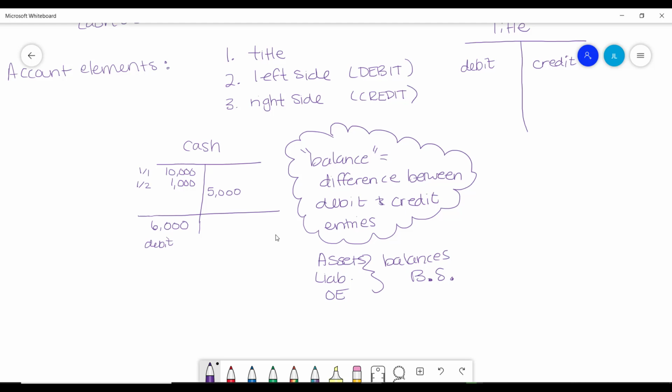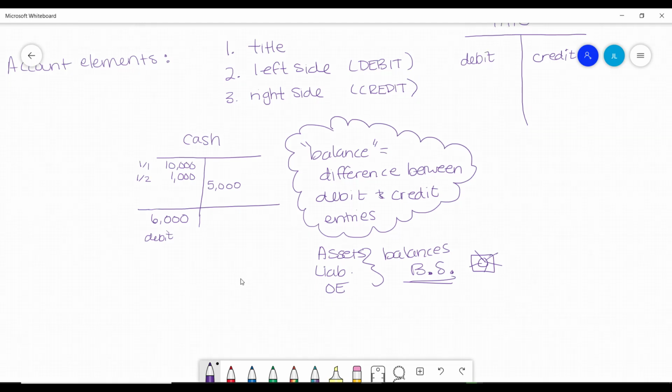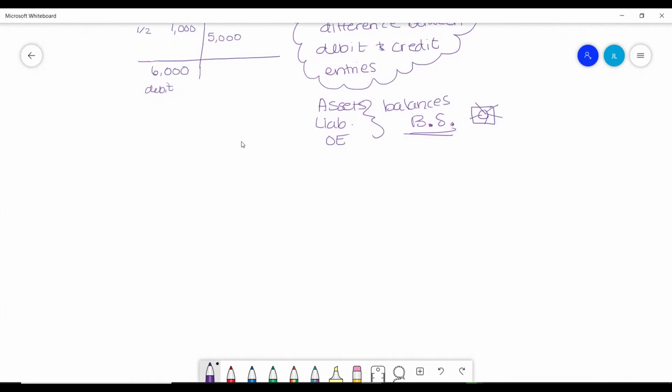Basically, this is what's left in these accounts, and that's what goes on the balance sheet. Because remember, the balance sheet is that snapshot, right? That's supposed to be a camera. That's a snapshot of what the balances are on those accounts at a specific point in time. Okay, so let's get into a little bit of those rules. So, assets.